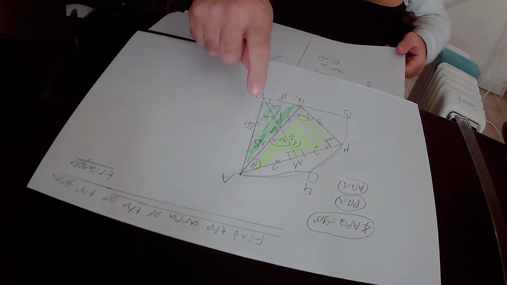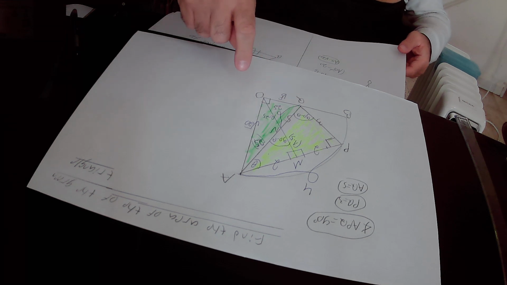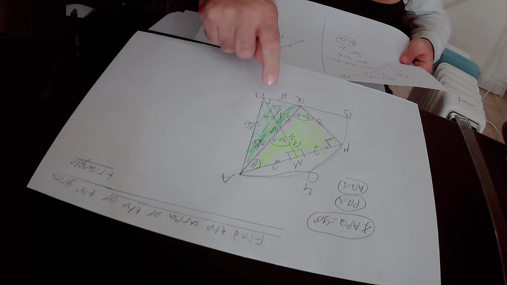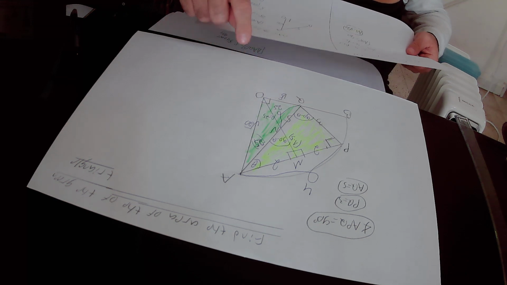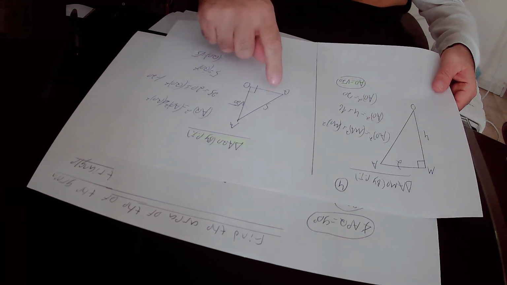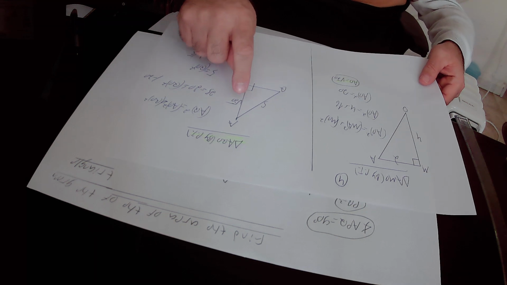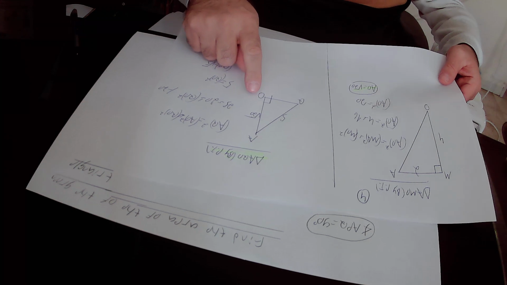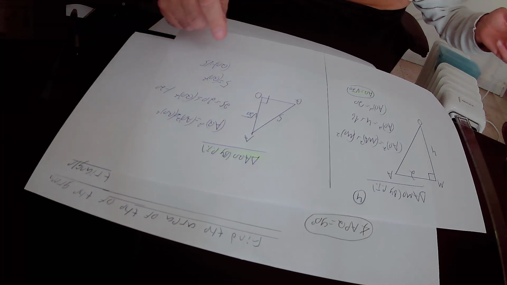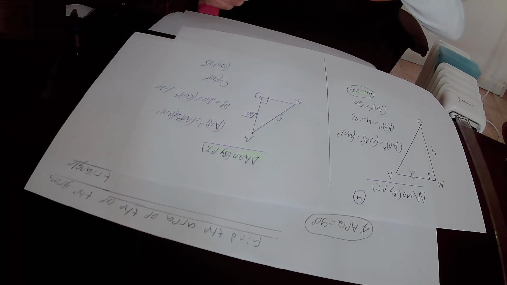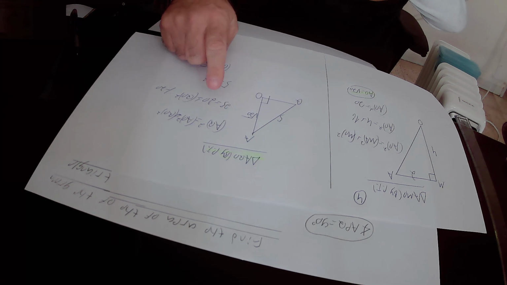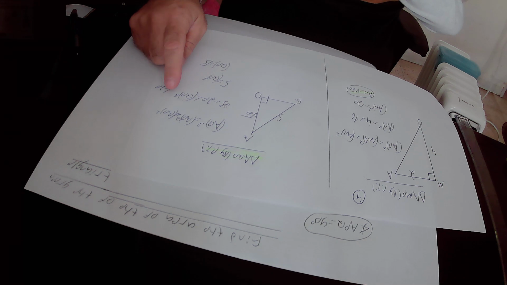In the next step, I copied the right triangle AQO from the original drawing onto this new page and applied the Pythagoras theorem. This is the right triangle AQO. The hypotenuse AQ equals 5 units, and AO equals the square root of 20 units. According to the Pythagoras theorem, AQ square equals AO square plus QO square.